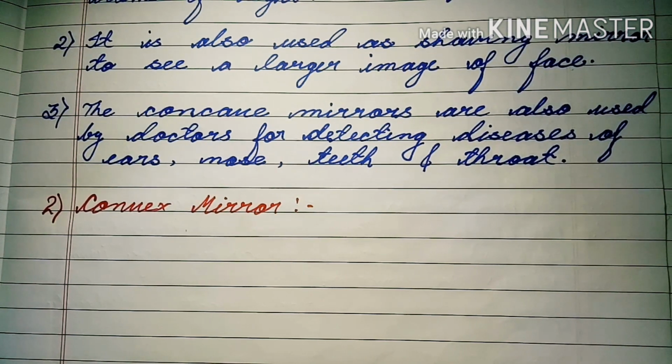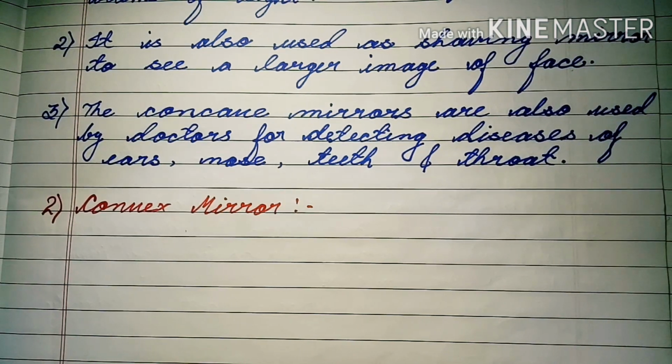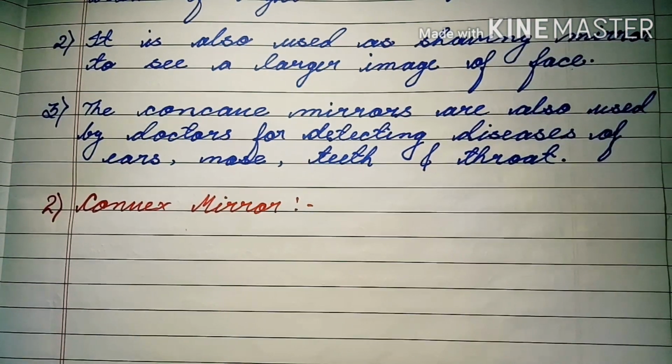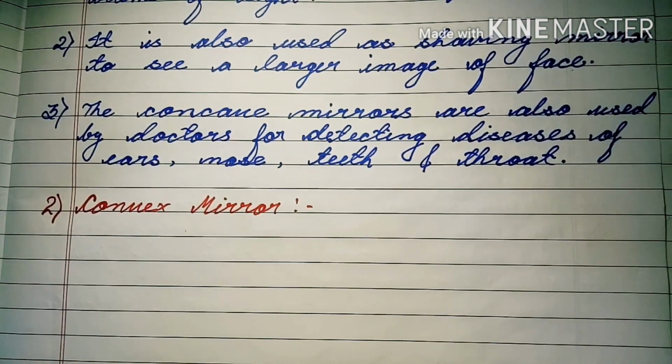One more thing, students, this mirror is also used in street lights because of its diverging property. Convex mirrors are also known as diverging mirrors because of their diverging property of light, and concave mirrors are also known as converging mirrors because of their converging property of light.